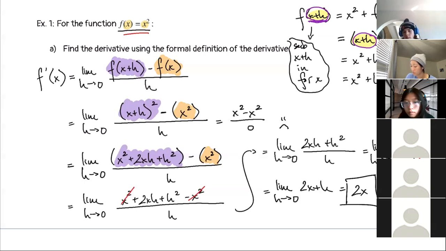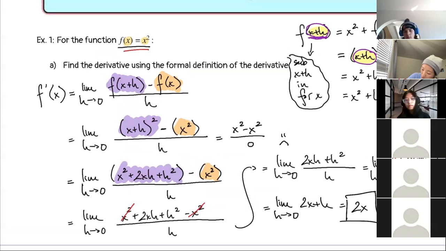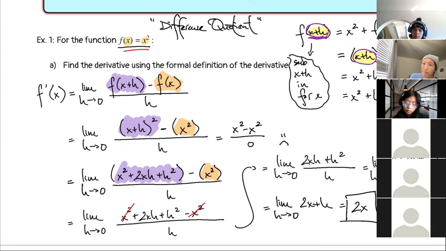If you've taken pre-calculus or we did it in our class as well, sometimes this is referred to as the difference quotient. Okay. Now, technically, the difference quotient talks about without the limit as h approaches 0. It's just like all the other stuff, like the purple and orange stuff.